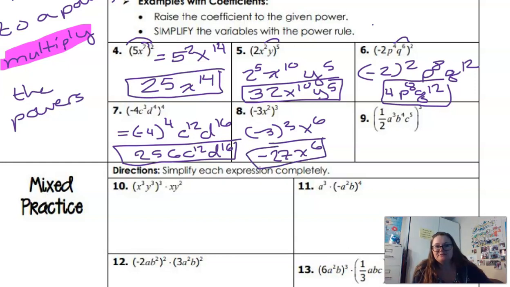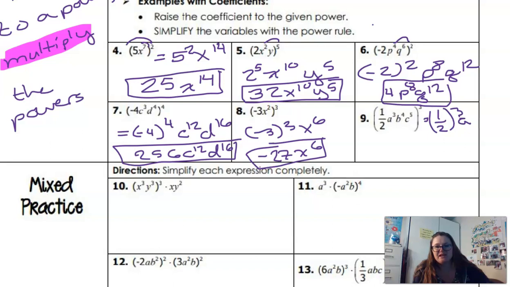And then last we have a fraction. And the biggest thing to pay attention to here is when you do a fraction to an exponent. So if you have 1/2 cubed, you're going to cube the top, which is the numerator, and the bottom, the denominator, of the fraction. So 1 to the 3rd power is 1, and 2 to the 3rd power is 8.